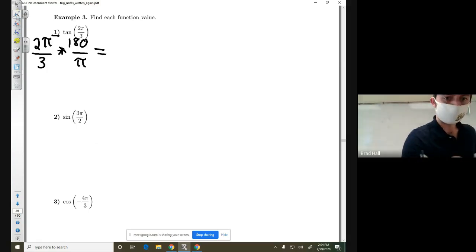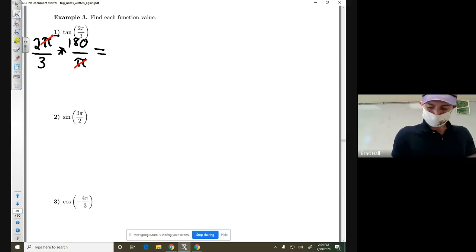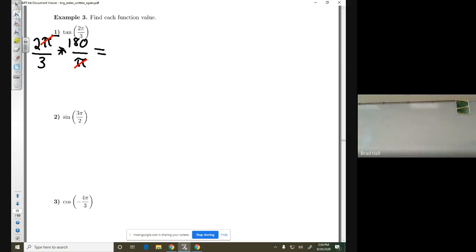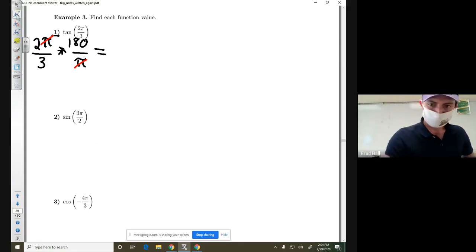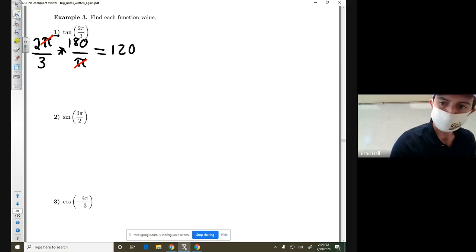The pi's cancel, and we're left with 2 over 3 times 180, which is 120. So that is 120 degrees.